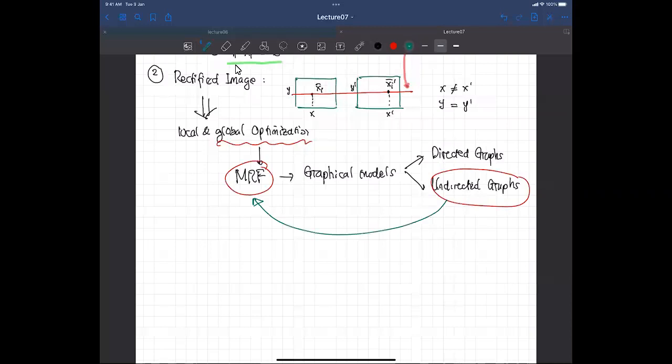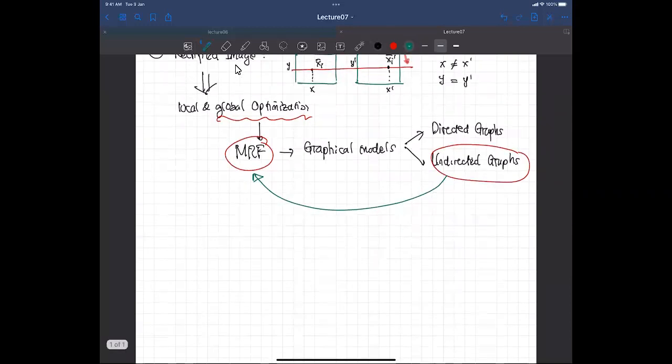Okay, so now what is the basic concept of graphical models? What is the basic concept of Markov random field? Without Markov random field, without graphical models, actually we can do the global optimization directly.